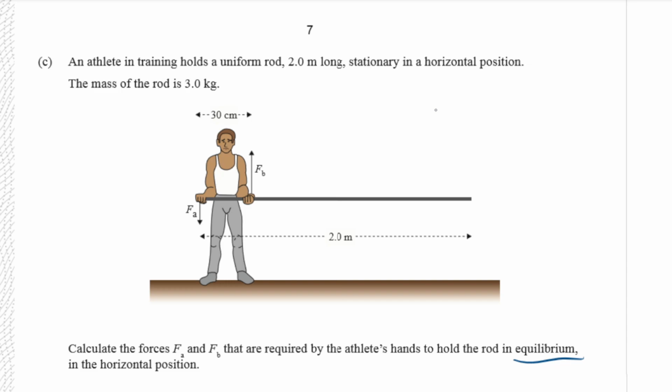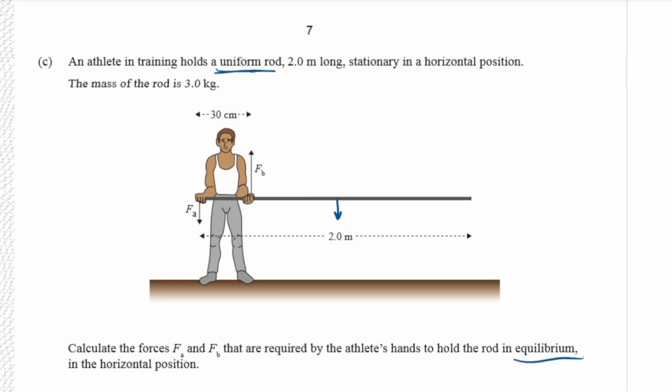So firstly, I don't know if you've ever held a broom or something long like this as this guy is holding it, but it feels quite heavy. And that's because its center of mass, let's just draw this relative to the other arrows. Its center of mass is probably near the center, right?